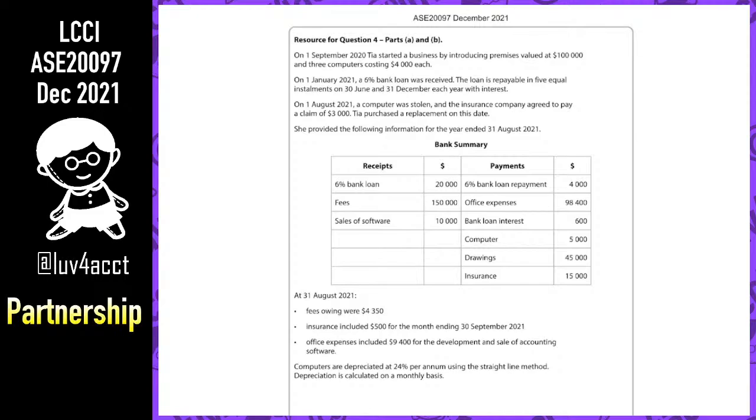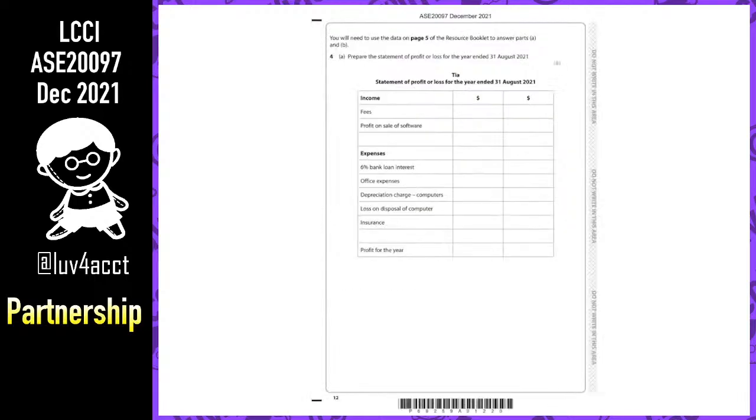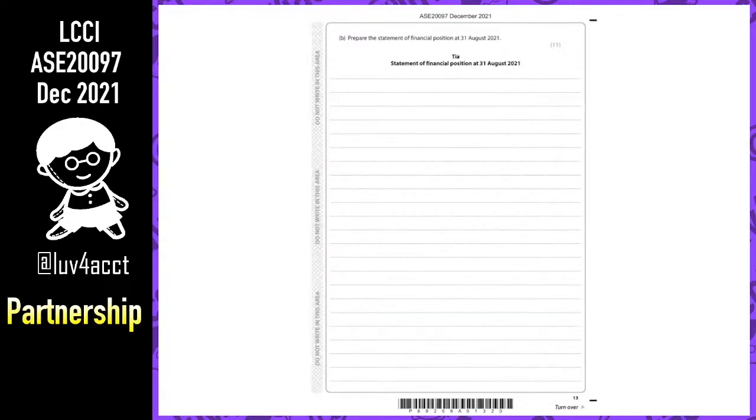A bank summary again. What is it about? Let me see. We have to prepare the statement of profit and loss, given to us the format already, so that's good. And then the statement of financial position of Tia. This time no format given.